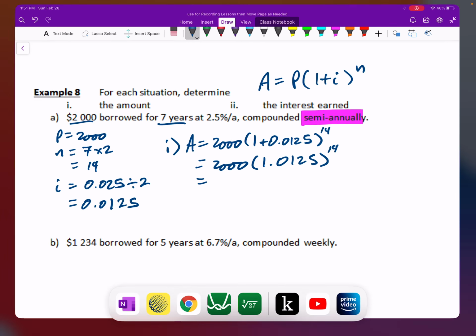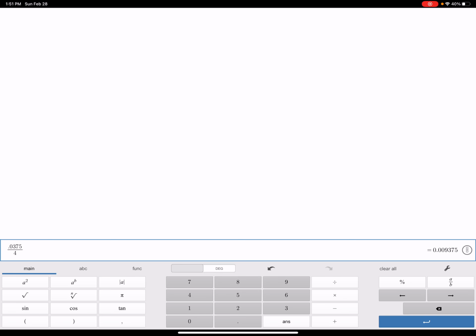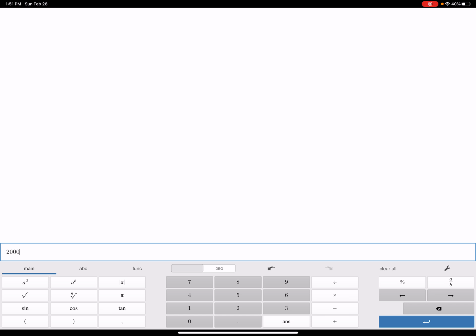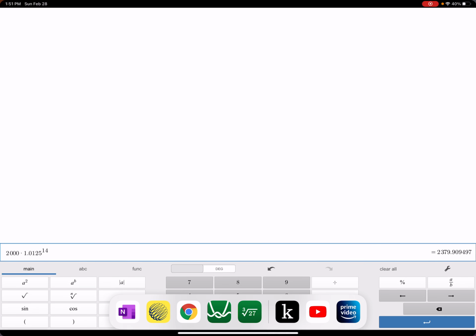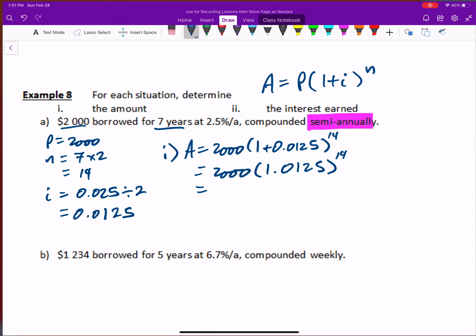And then I type it all in at one time. 2,000 times 1.0125 to the exponent, I think it was 14, but I'm going to have to double check that, yes. $2,379.91.